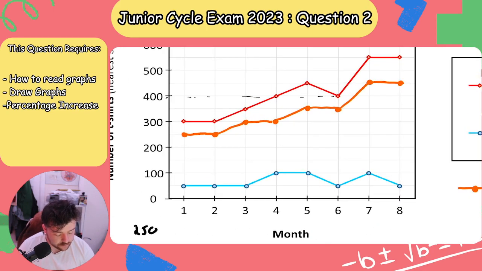So let's look at month 3. So month 3, we sold 50 more t-shirts than the previous month. And then month 5, we sold 50 more from the previous month as well.